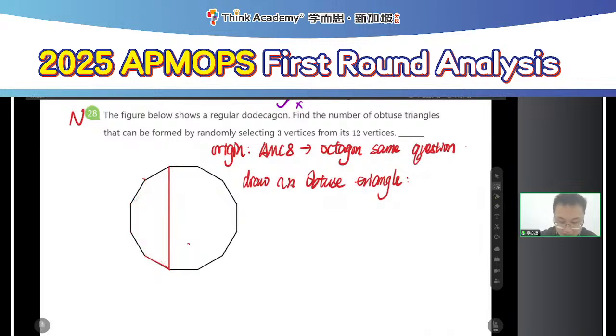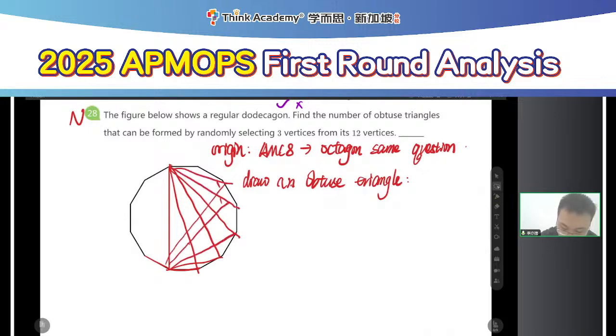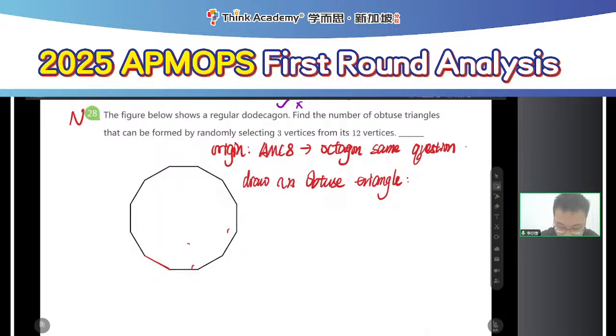However, if you try the other side, this one, this one, this one, the angles are all acute angles, you see, right? So if you want to draw an obtuse triangle, first we find a segment.